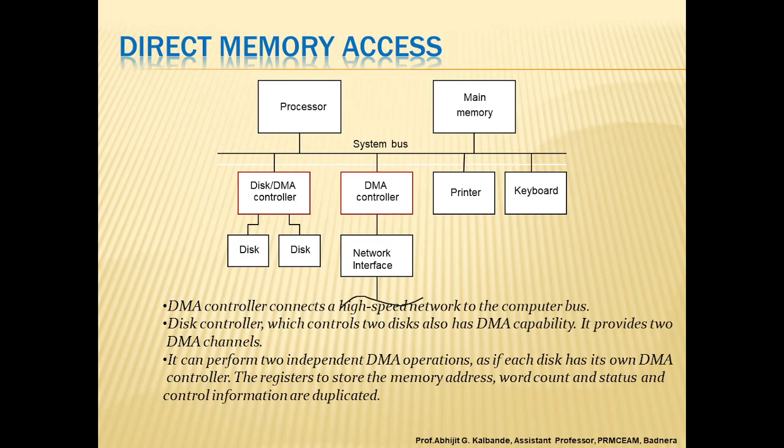To transfer a large block of data at high speed, we can use an alternative approach: a special control unit may be provided to allow the transfer of a block of data directly between an external device and the memory, without continuous intervention by the processor. This approach is called direct memory access.